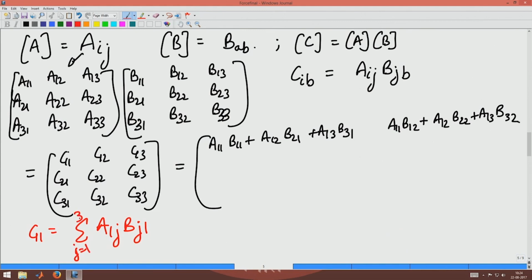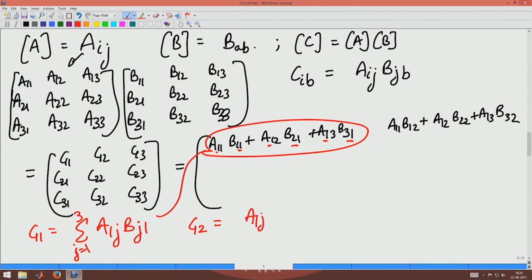1, 2, 3. Let us see whether this is equal to this, right. So, I have 1 1 here, 1 1 here, 1 1 here, and j has been summed from 1, 2 and 3. So, this corresponds to C11. Similarly, C12 would be the summation of A1j Bj2, j equal to 1, 2, 3, which is 1 and 2 here.